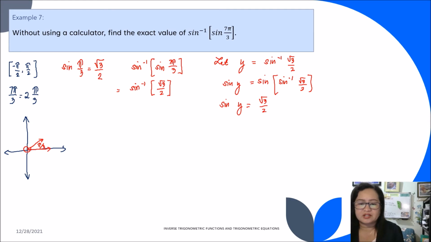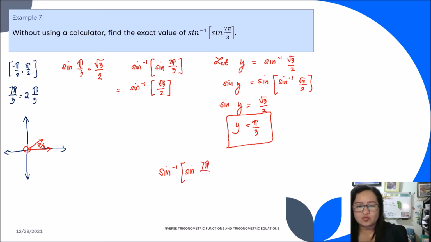Therefore, y is equal to pi over 3. Therefore, the inverse sine of sine 7 pi over 3 is equal to pi over 3.